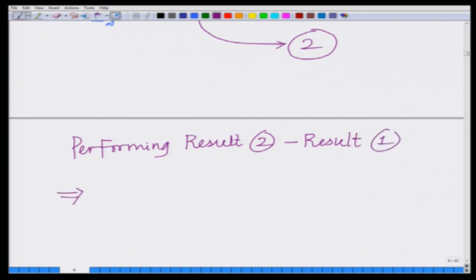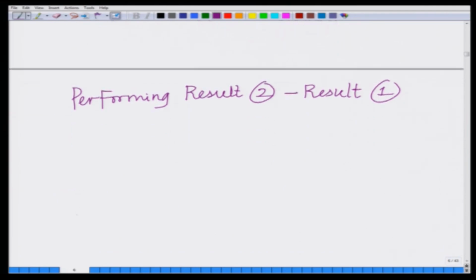Let us write again for the sake of convenience. I think it would be better if we write both the results.